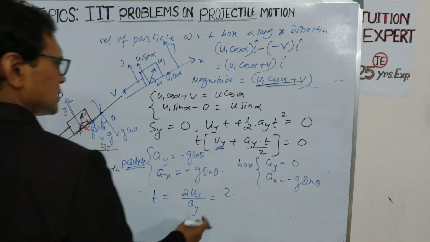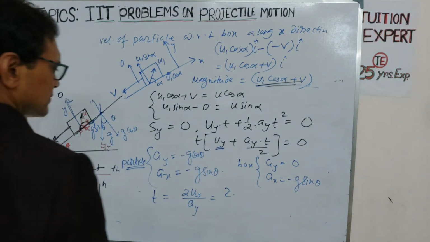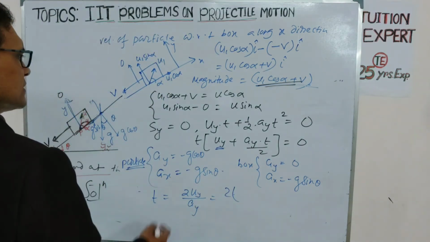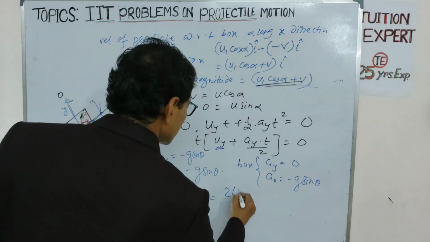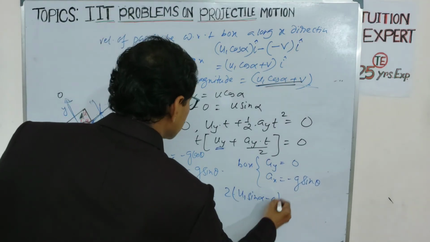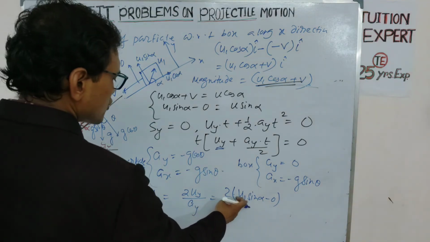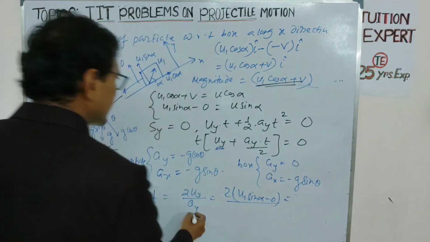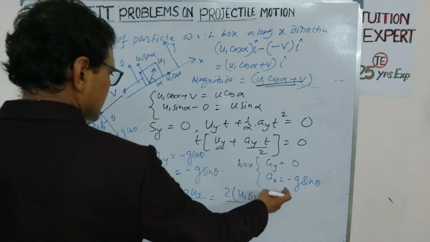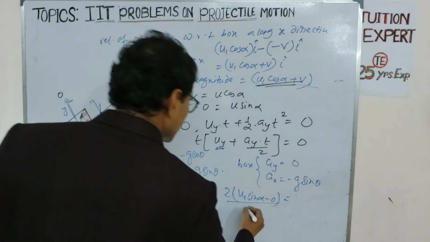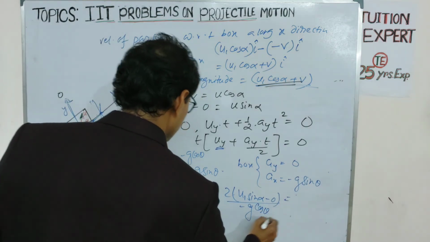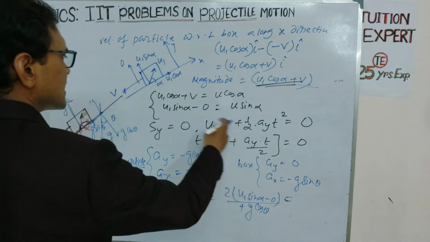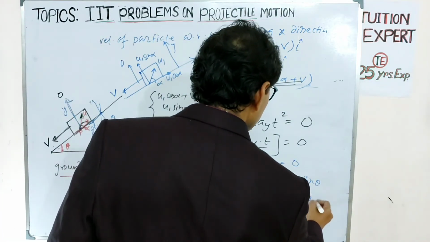We get uy equal to u1 sin alpha minus 0, which is the velocity of the particle with respect to box, equal to u sin alpha.